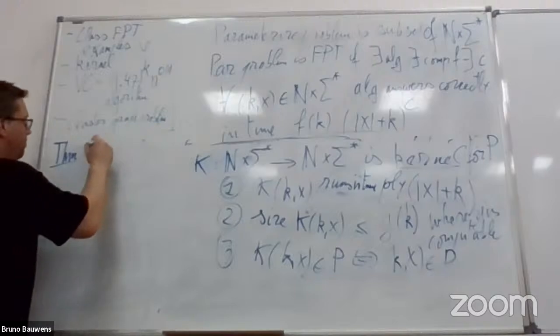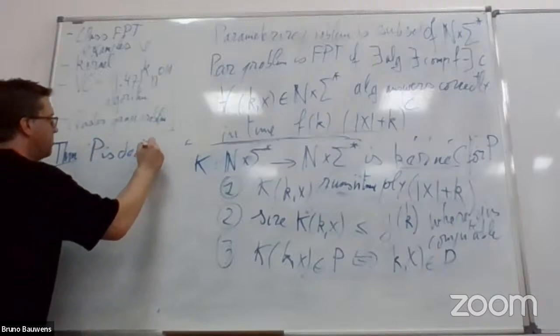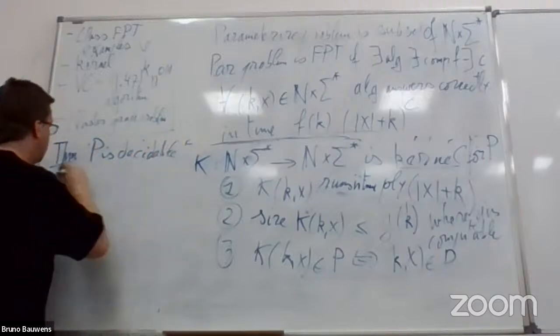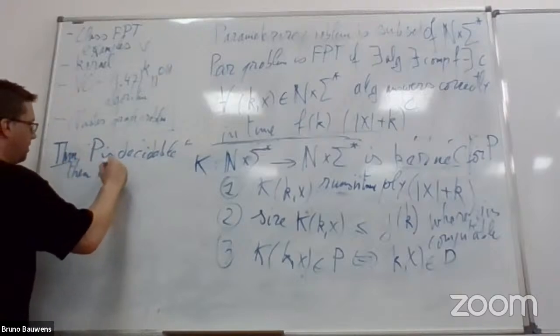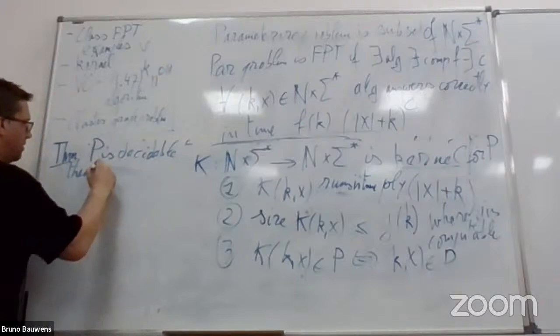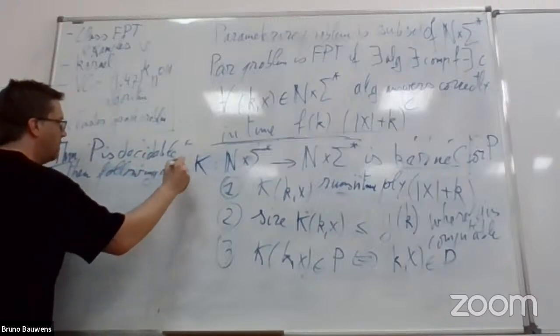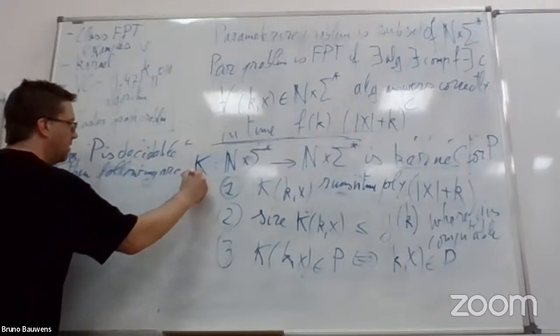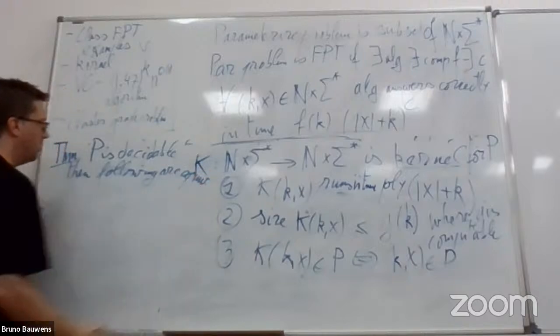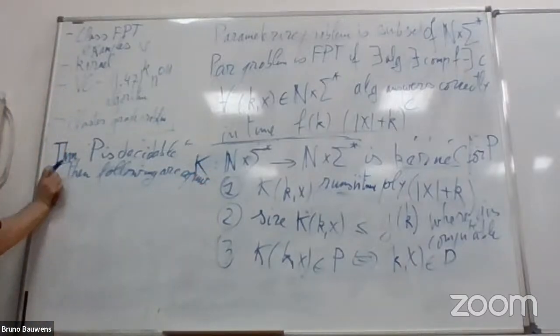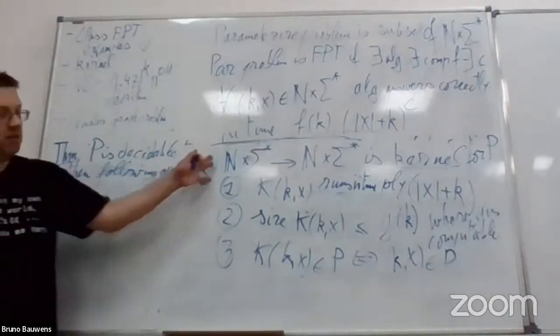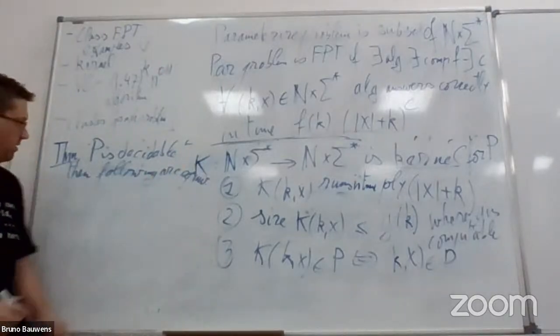So P is decidable. Then, following that, FPT doesn't contain any undecidable problems, because for each problem there is... But if it has a kernel, we don't have a guarantee it's decidable.